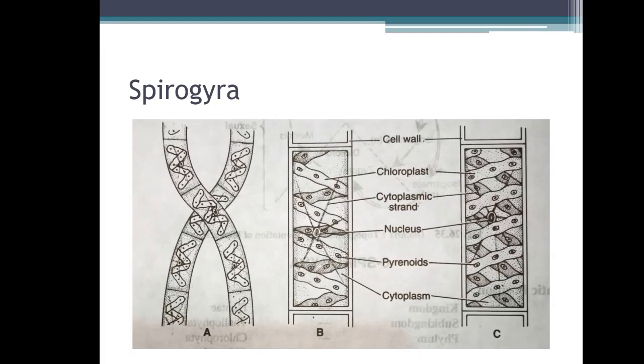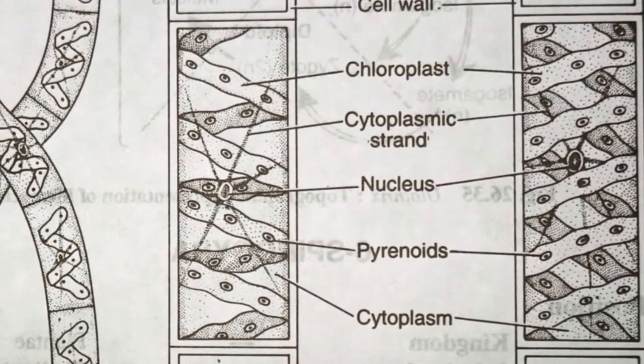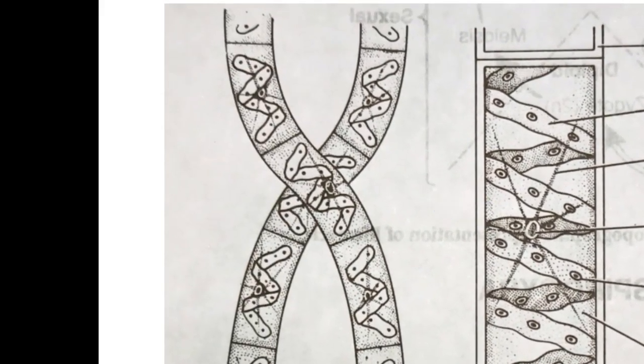Now the second example of algae is called Spirogyra. You can see here that Spirogyra is a filamentous alga, an unbranched filamentous alga, and it is free floating in the adult form.